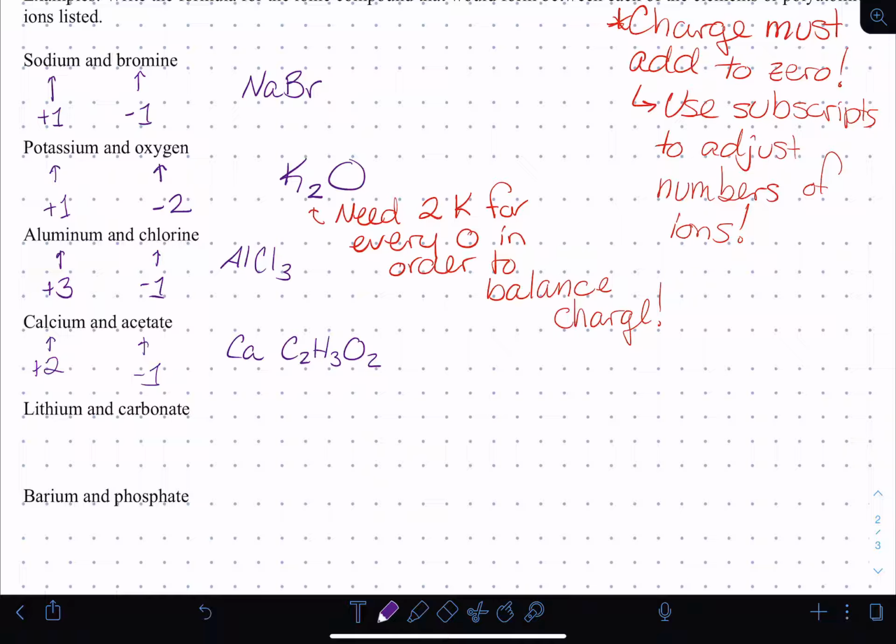So we actually don't just want to double all of those subscripts. We don't want to mess with the acetate formula. Instead of doubling each of those subscripts to indicate that we have 2 acetate ions, we actually use parentheses and put another subscript after it.